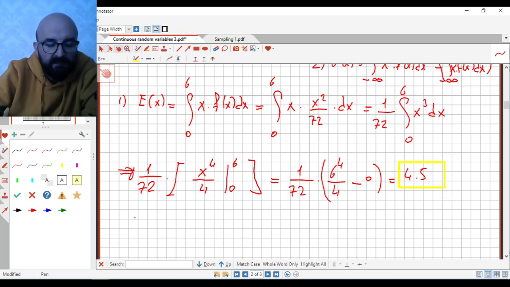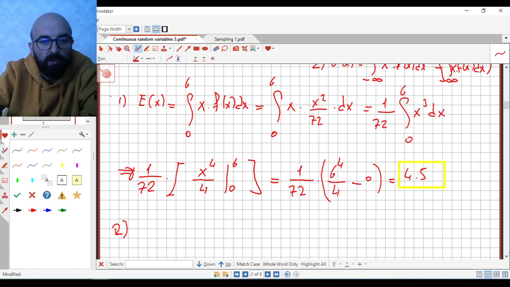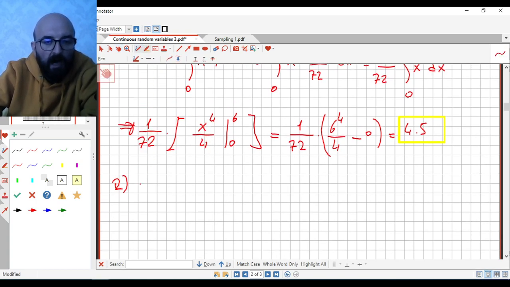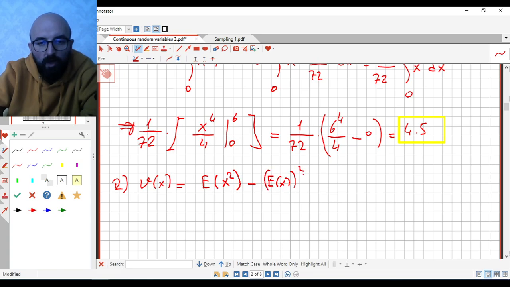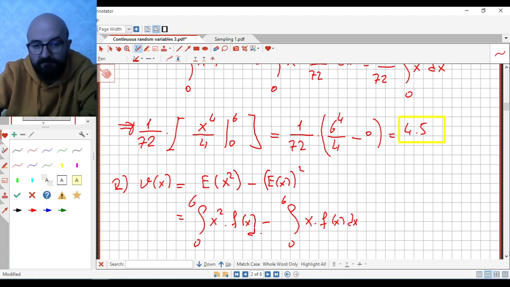And second, we want to find the variance. Our variance formula is, as you remember, the expectation of x square minus the square of the expectation of x. So the integration from 0 to 6 of x square multiplied by f(x) dx, minus the square of the integration from 0 to 6 of x multiplied by f(x) dx.